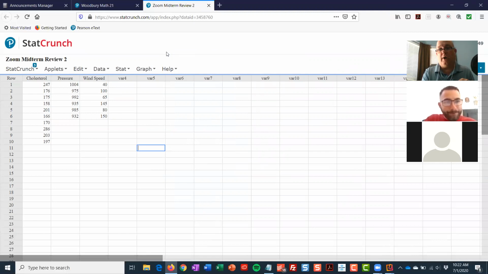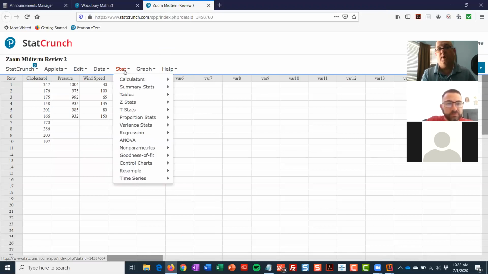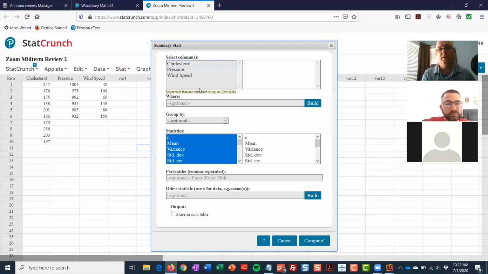So on your end, what you'll do is you'll type all the values you're given in one column. And I would only do one problem on each page, and then get rid of StatCrunch, reopen it with a clean data sheet. But you want to type them all in one column. And then when we get to this point, summary stats, columns, you want to pick the column that has your data in it.